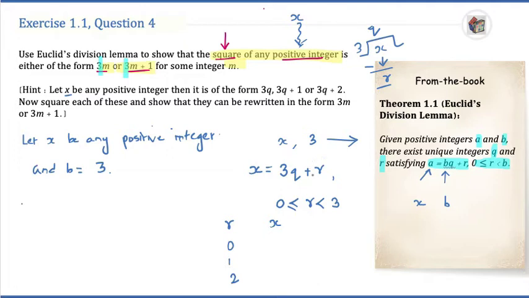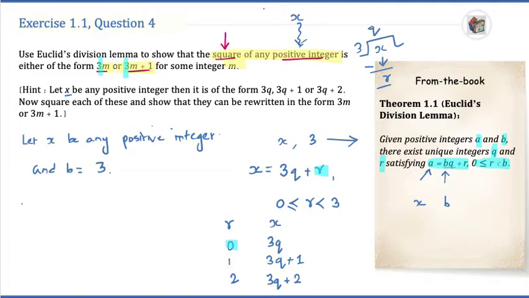For each of these now I will get a value of x. How? I will just keep putting the value of r from here. For example, if r is 0, I just put 0 here, and as a result my x will just be 3q. Second stage, I'll just put r equal to 1 in this place, and I will get x is equal to 3q plus 1. And at this final stage where r is equal to 2, I'll just put that 2 here, and I will get x is equal to 3q plus 2.